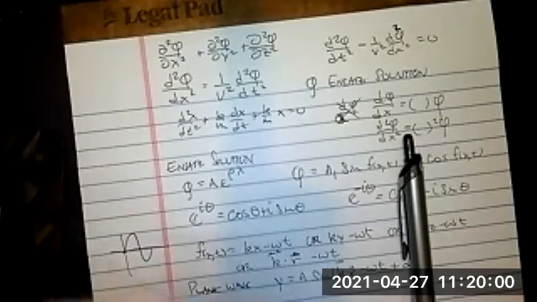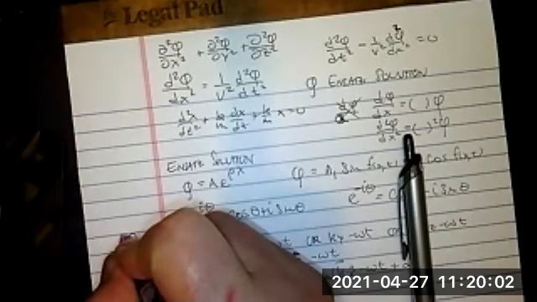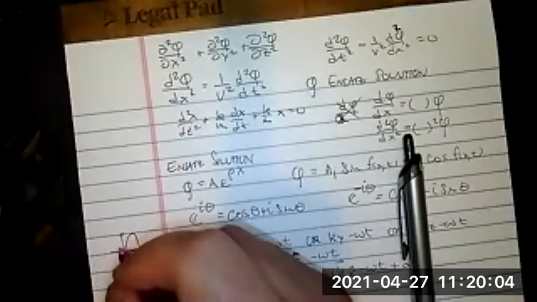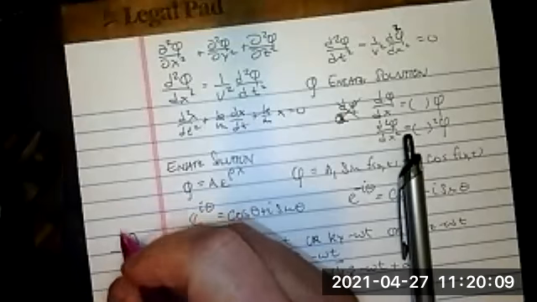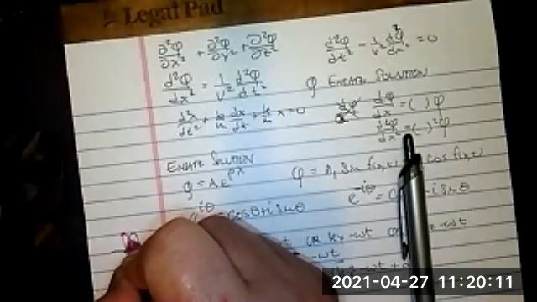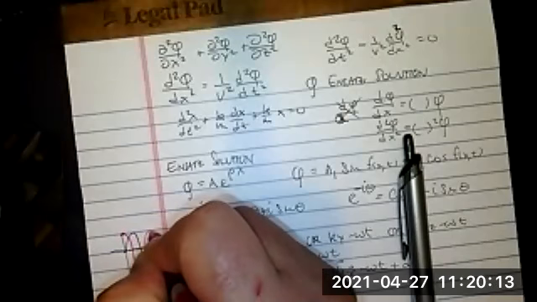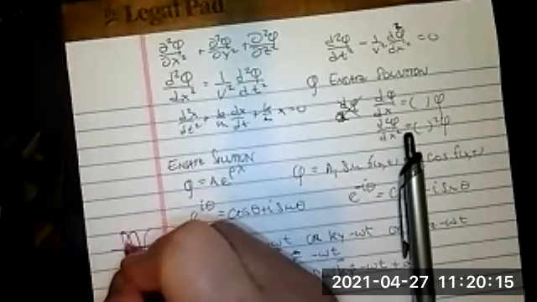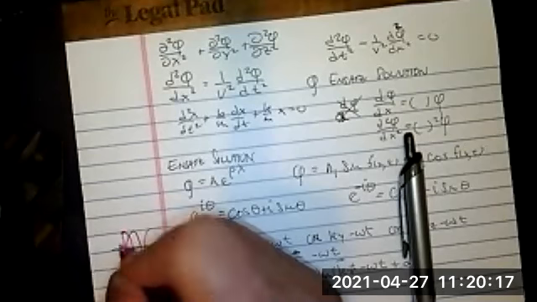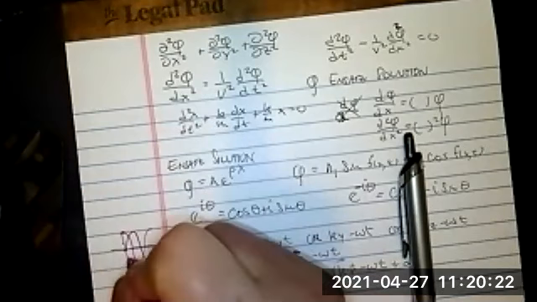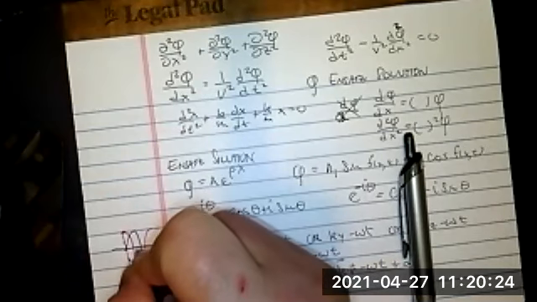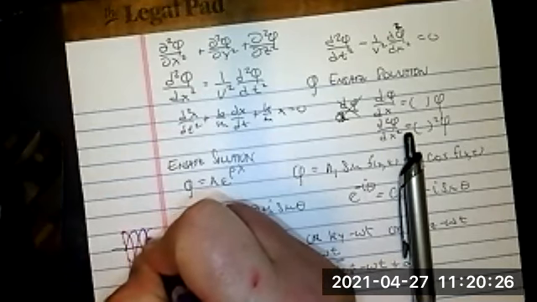But you could also have a scenario where the initial velocity was not 0, but the initial position was, and then you could get something that looks like this instead. Or you could have something in between, which would look something like this.